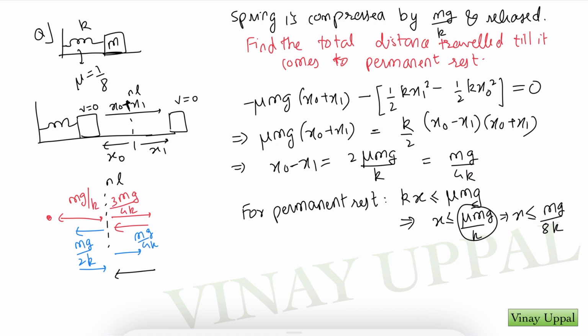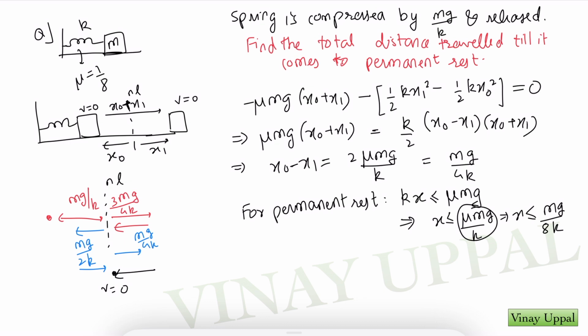So it will come back to the natural length, and at natural length the velocity will be 0, and of course the spring force is 0, so it is not able to overcome the maximum friction, and thus the particle will come to permanent rest at the natural length. In this particular question it's a coincidence that it comes to rest at the natural length permanently, but that will depend on the coefficient of friction value in general.